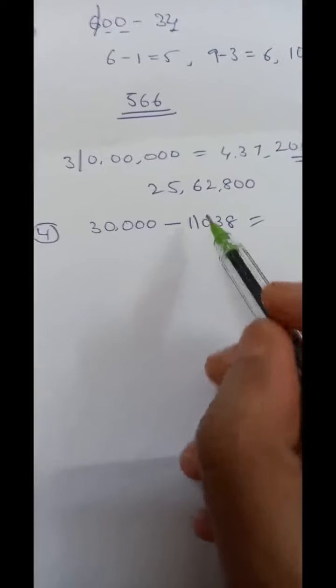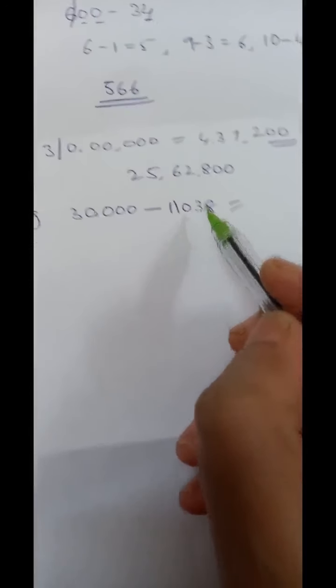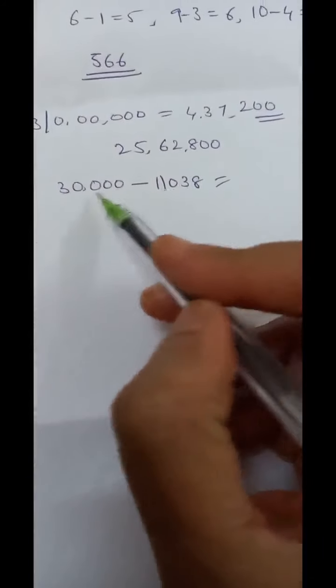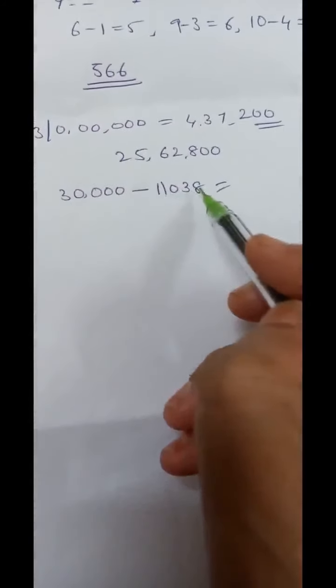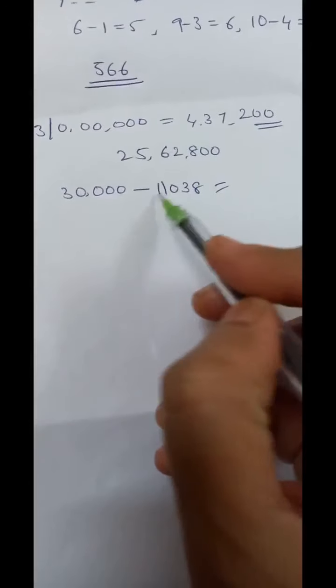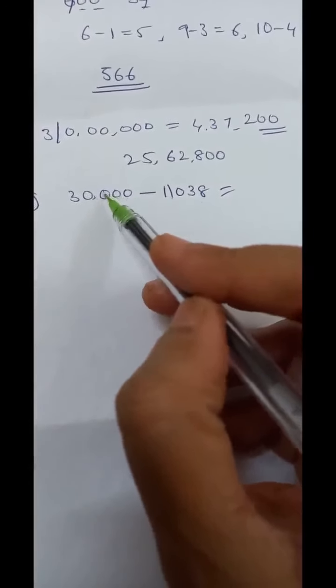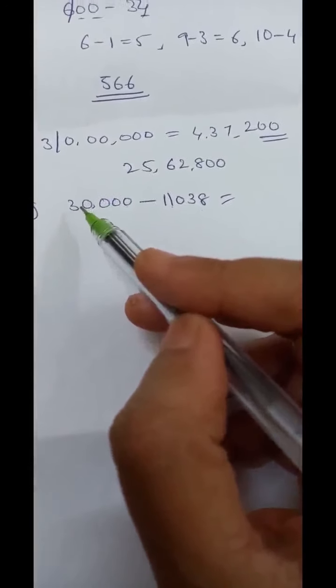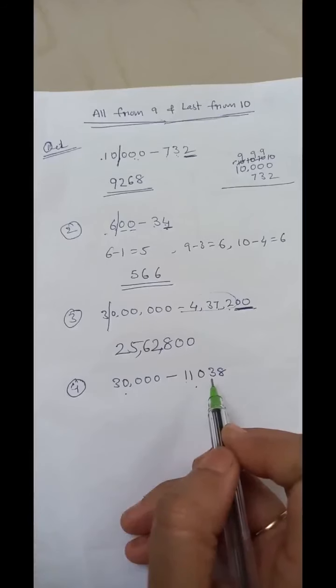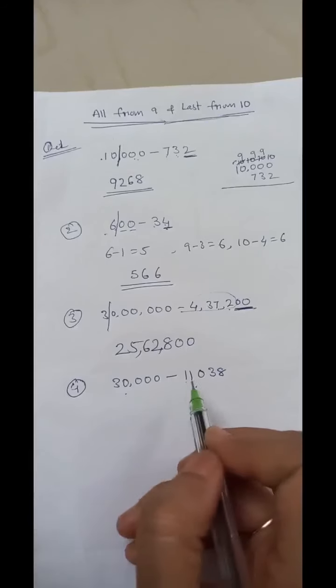Okay. Here in this example, the digits are more than the zeros. 1, 2, 3, 4, 5. 5 digits are here and the zeros are only 4. 1, 2, 3, 4. So for special cases, how do we do it?